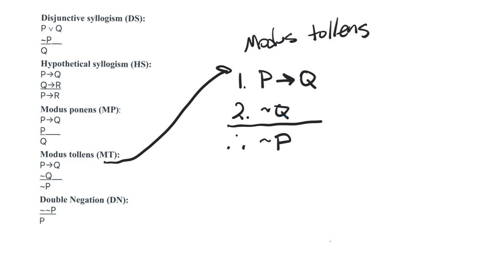Another way to think about that is if you have a set of claims where one is a conditional, another one is the negation of the consequent of that conditional, you also know that it's necessarily true that you get the negation of the antecedent of that conditional. So let's take a look at it in a derivation problem.